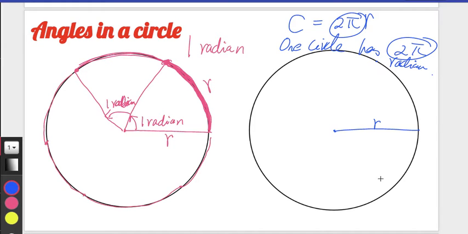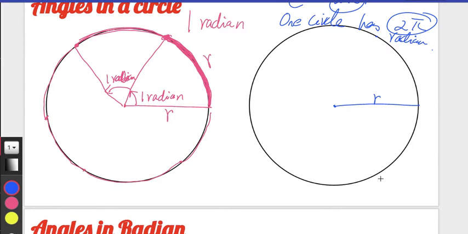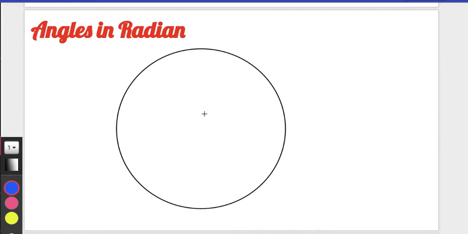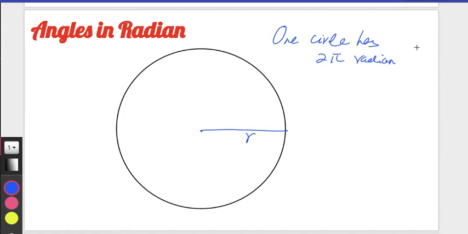Now we are going to come to the conclusion to make the connection between the radian and the degree. As we mentioned, the whole circle has 2 pi radian, right? Then, as you remember, the whole circle always has 360 degrees. That's how we defined the whole circle.